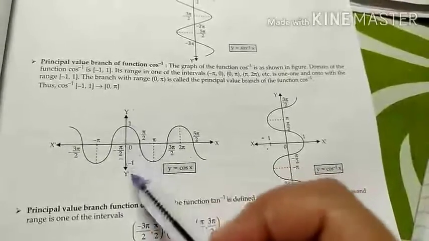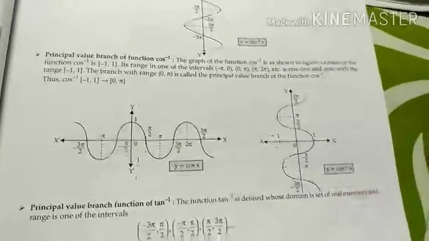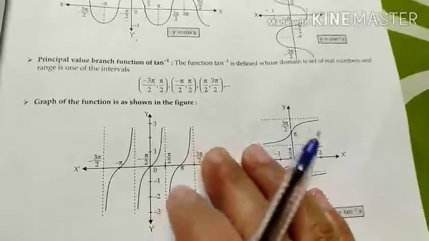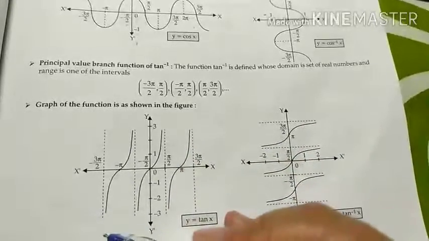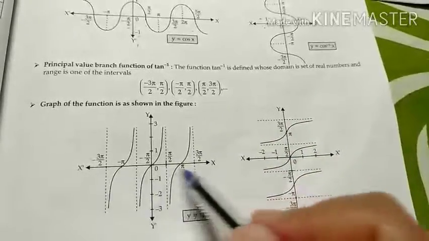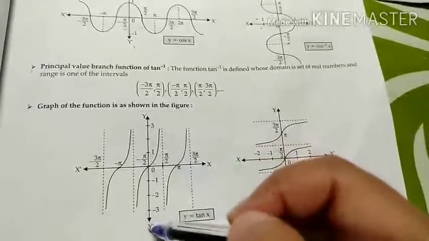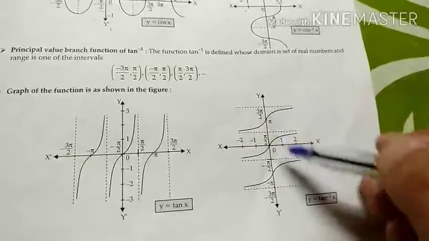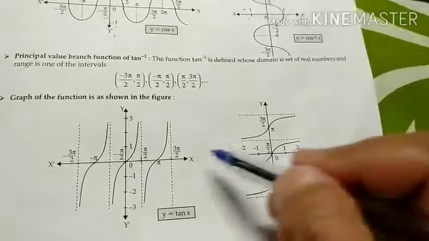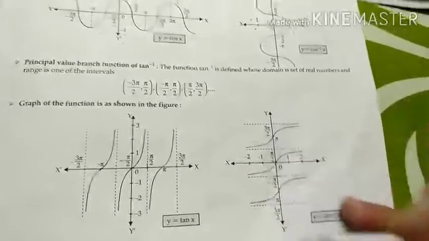Similarly, in tan inverse, all real numbers are included, so for tan x angles become the domain and all real numbers become the range. But if the tan inverse function is there, all real numbers become the domain and all angles become the range of the inverse function. Now this is cosecant inverse.